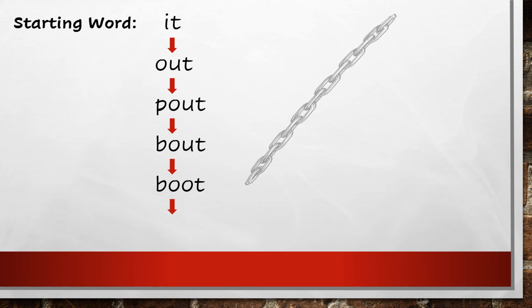We're now going to turn the word boot into the word root. How can you change boot into root? Hopefully you were able to tell that the B for boot needs to be turned into an R for root.